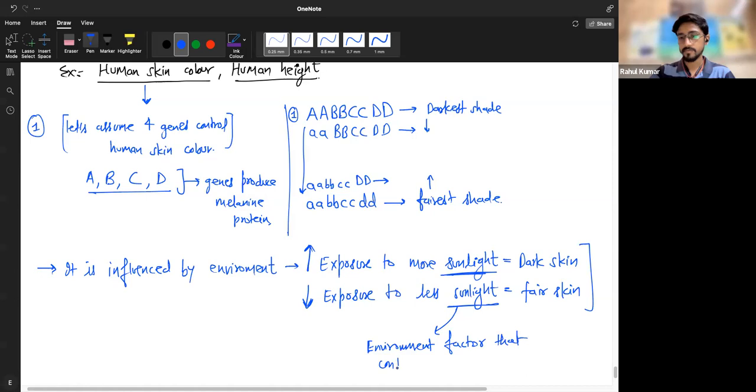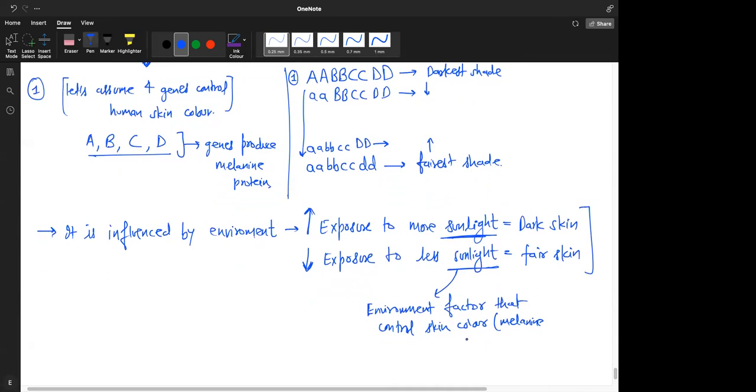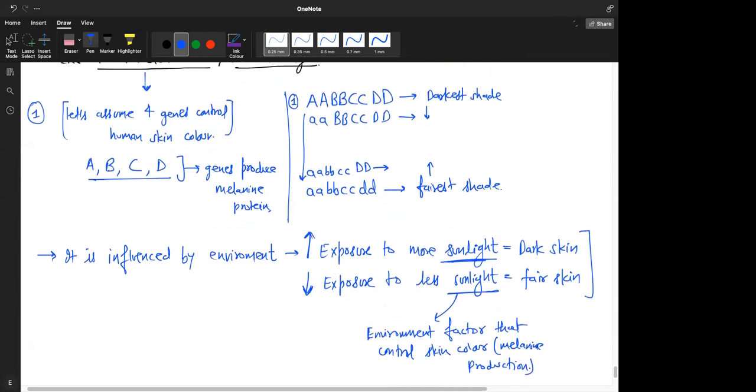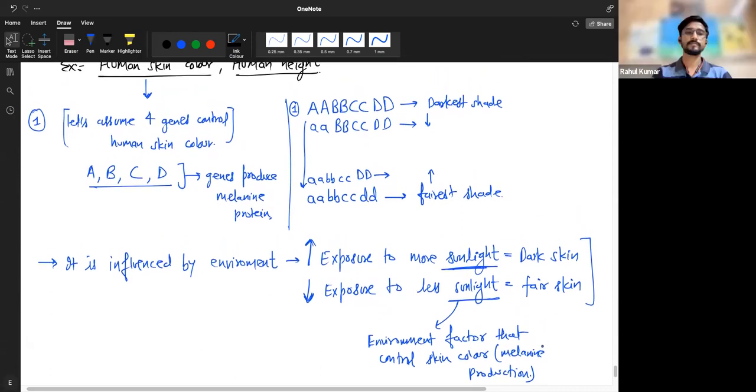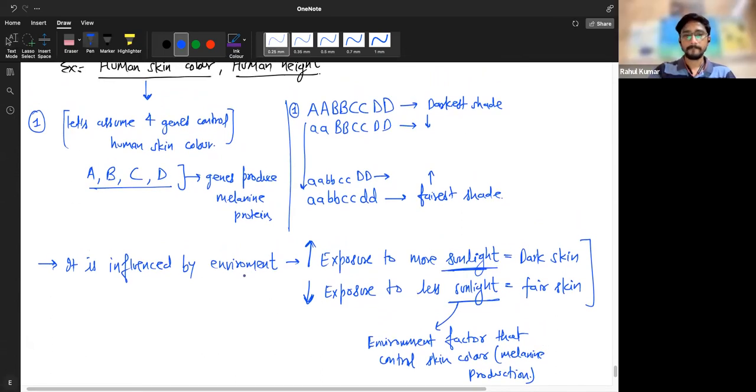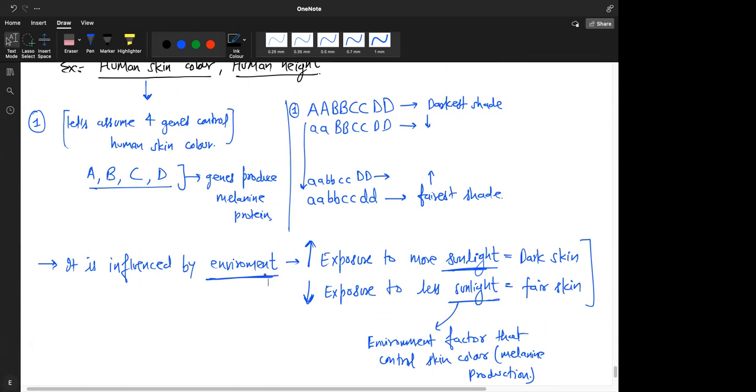That controls skin color, or in other terms I can say melanin production, right? Do you understand polygenic inheritance? Same is for height.